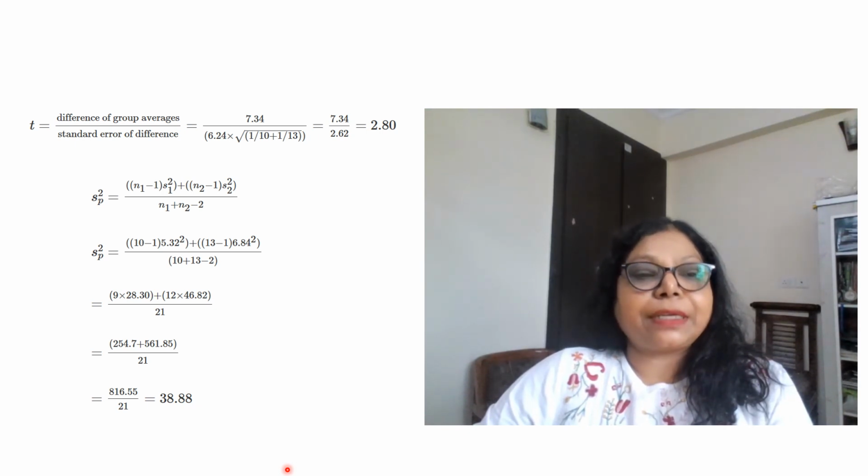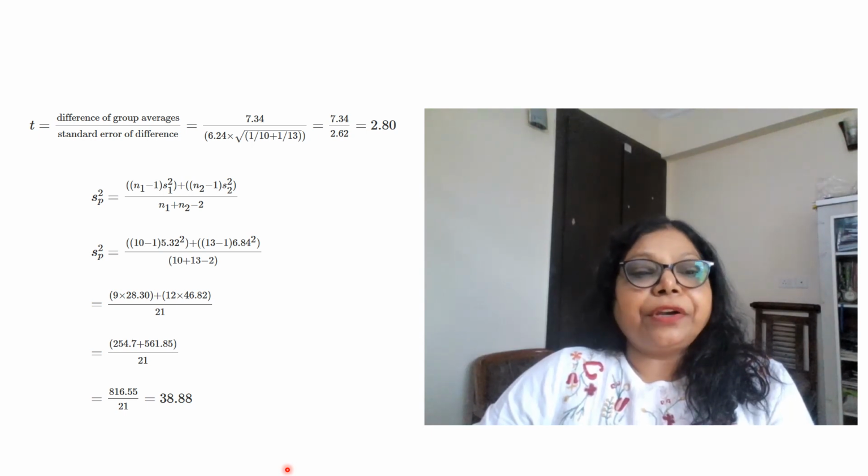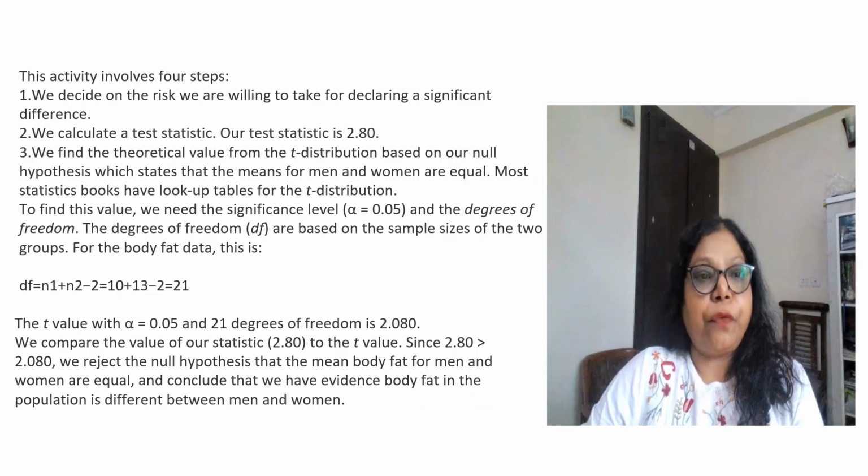So we calculate our test statistic as follows. T is equal to the difference of the group averages divided by the standard error of the difference. The difference of the group averages is 7.34 and the standard error of the difference is 2.62. Doing this calculation, we get the answer 2.84.